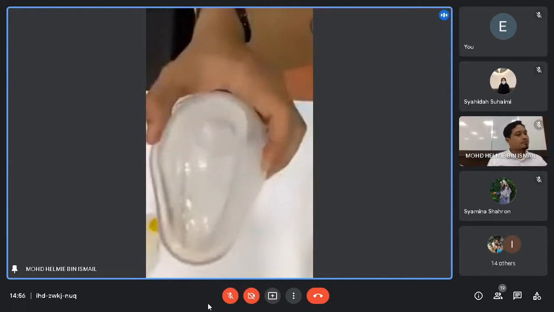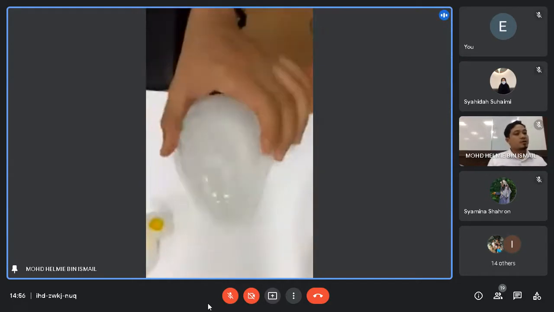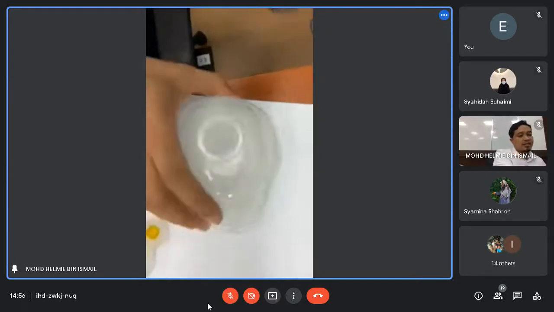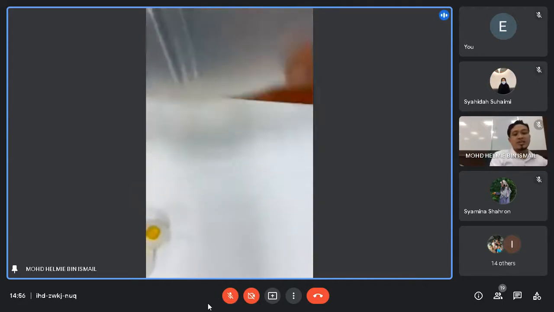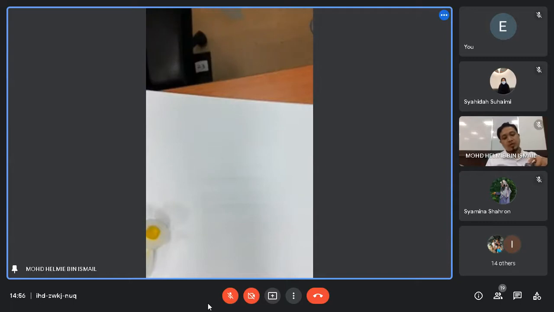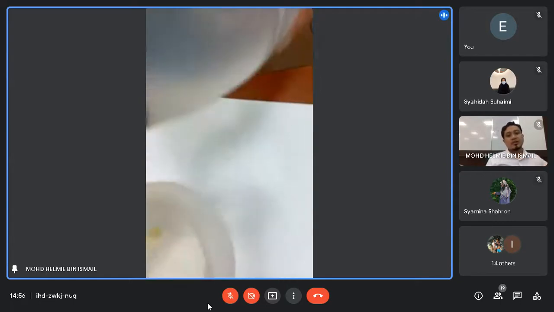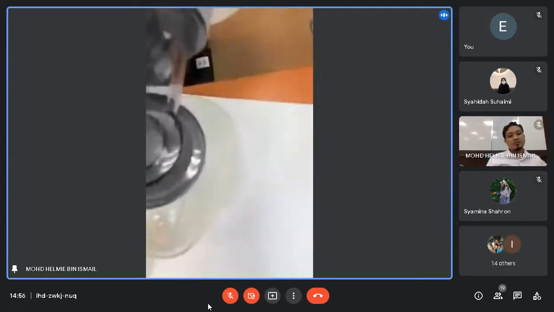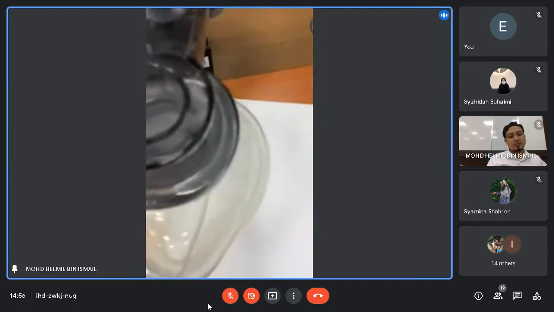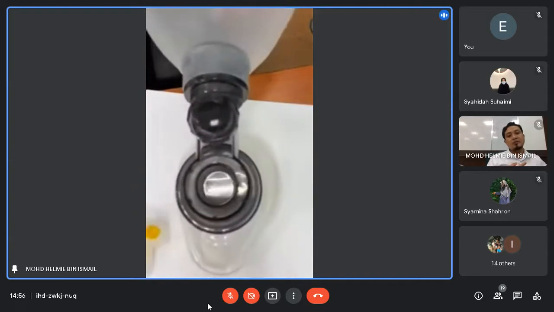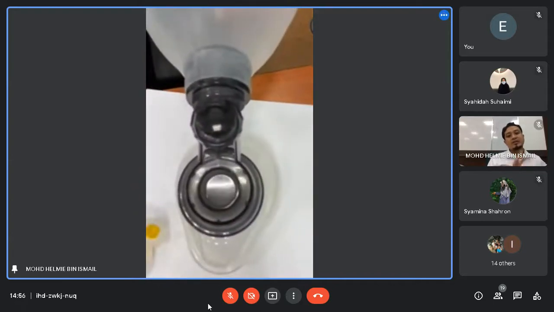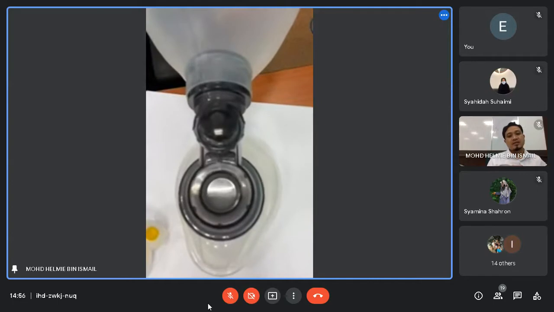Alright. Okay. So you know the indication of the bag valve mask. Basically, you can give oxygen without bagging. You just connect to the oxygen supply and give a high flow mask, which is a higher concentration.